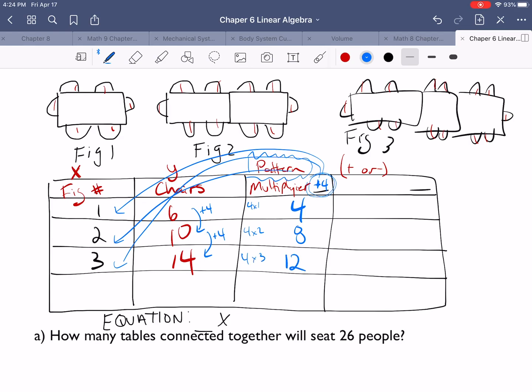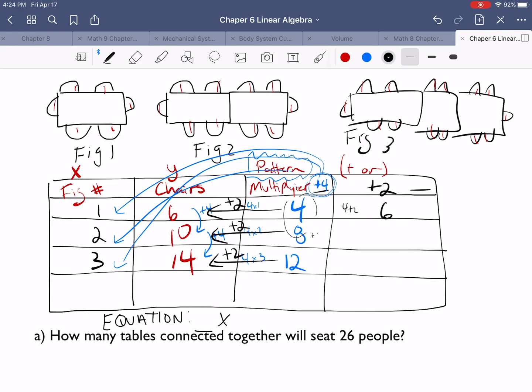And then we need to actually go backwards. How did I get from 4 to 6? How did I get from 8 to 10? And how did I get from 12 to 14? Well, 4 plus 2 is 6, 8 plus 2 is 10, 12 plus 2 is 14. Whammo blammo, we got plus 2 in this box right here. So we do that to these numbers in here. So we go 4 plus 2, which is 6.